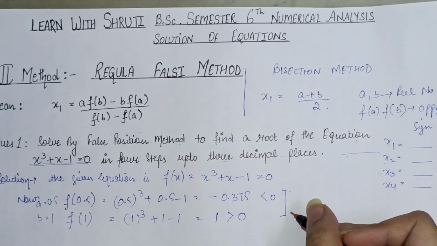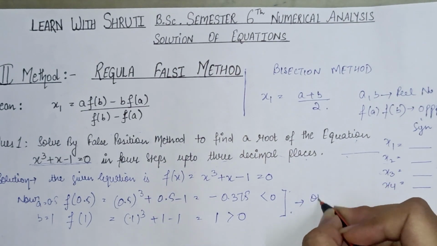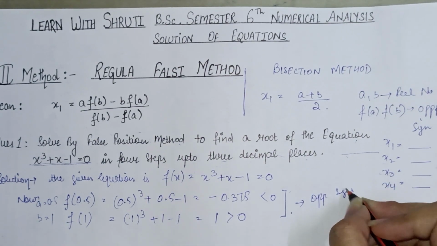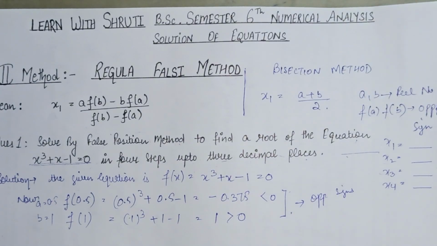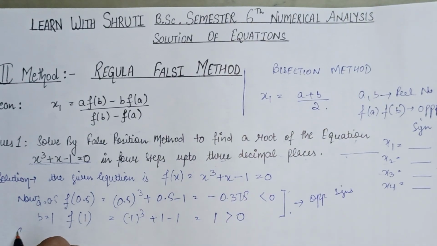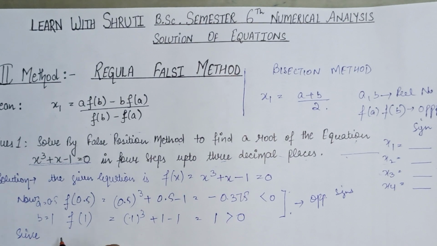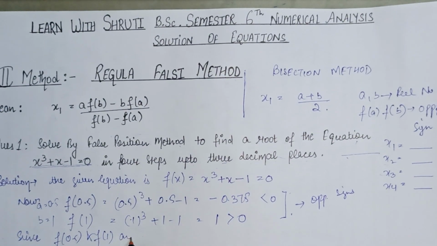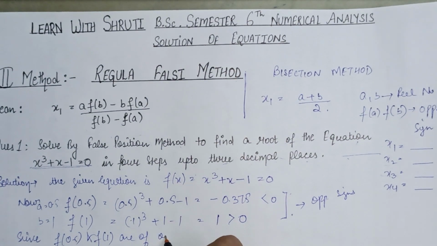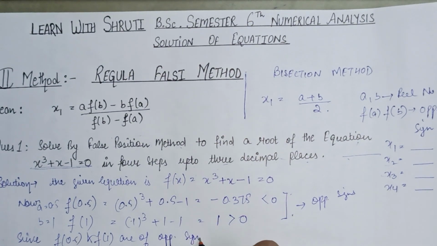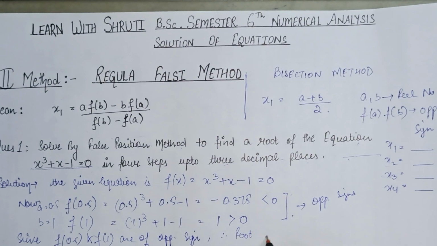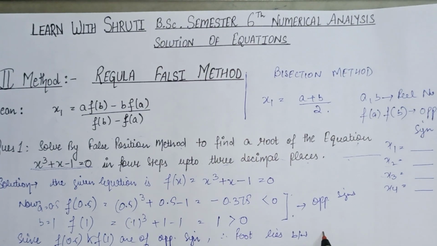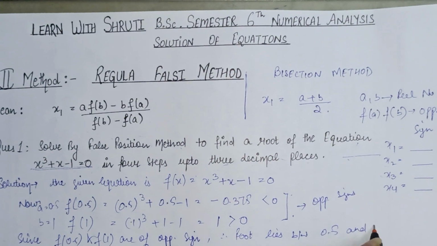Now f of a and f of b are of opposite signs, so we can write: since f of 0.5 and f of 1 are of opposite sign, therefore the root lies between 0.5 and 1.